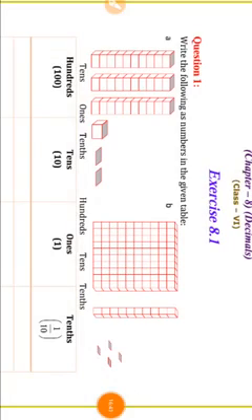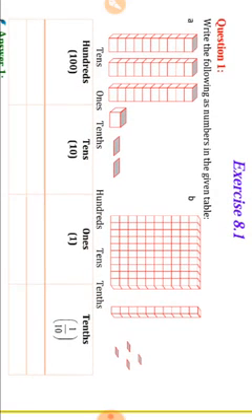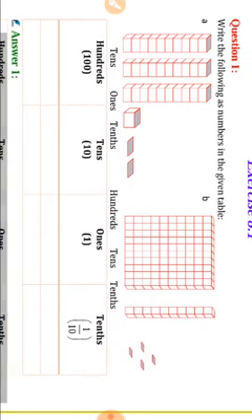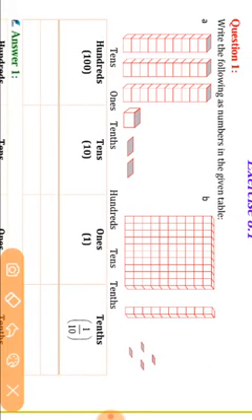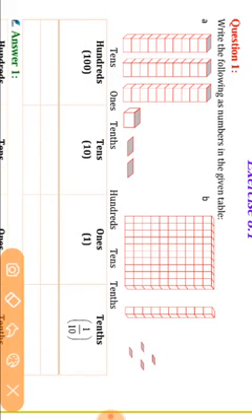Okay, see the exercise 8.1. Write the following as numbers in the given table. See here, we can take these as the tens. Take into consideration the tables. These are the tens, so 110, 210, 310 like this. And these are the ones, because there is only one box.